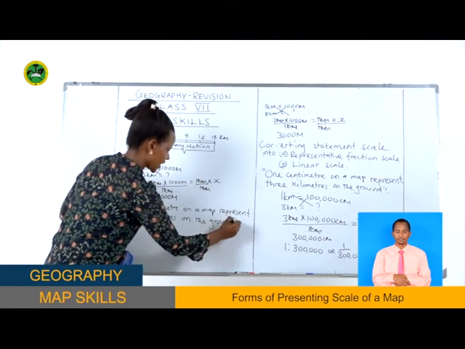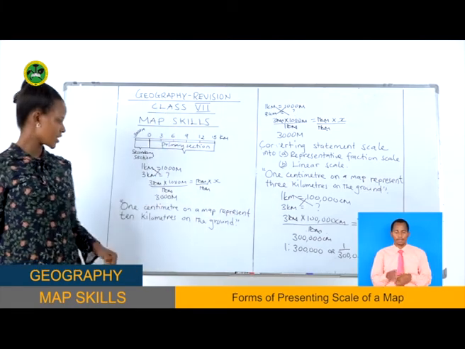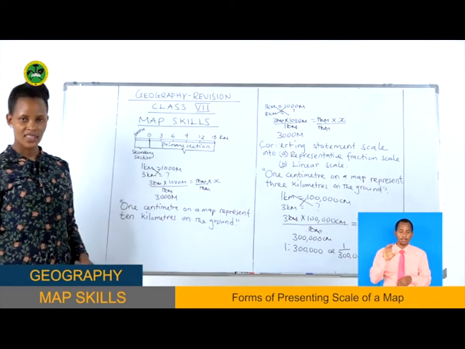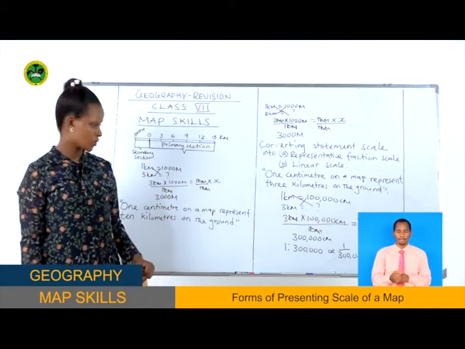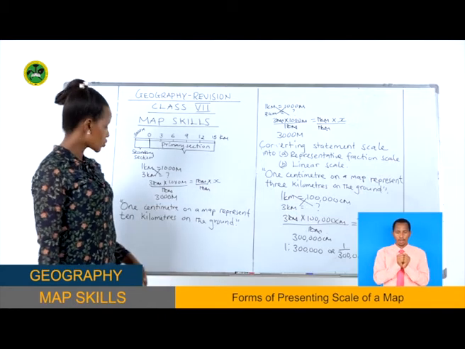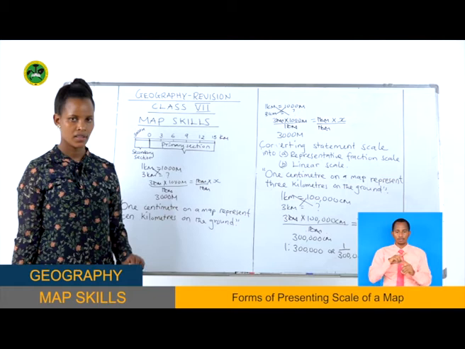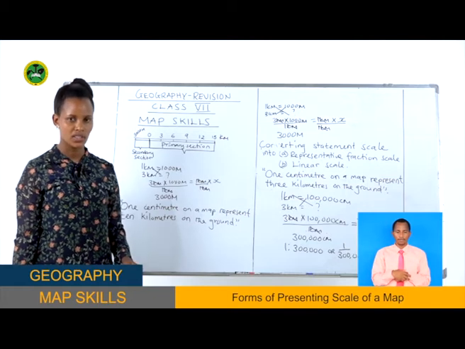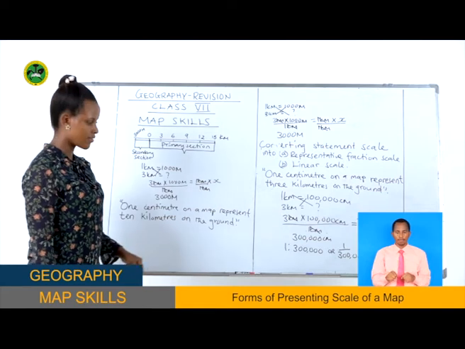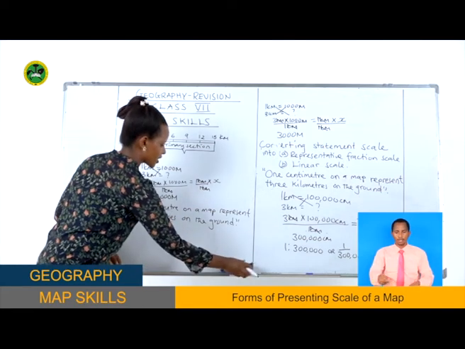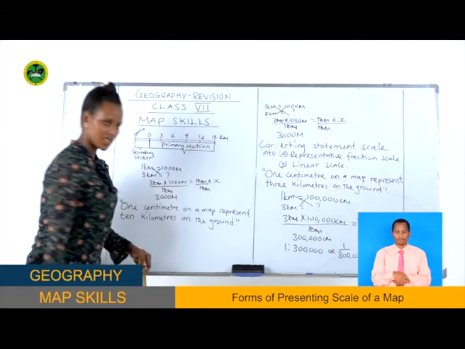The statement scale says 1 centimeter on a map represents 10 kilometers on the ground. Changing it into RF scale as ratio or as fraction, we have to deal with the kilometers given. So we change the kilometers into centimeters.